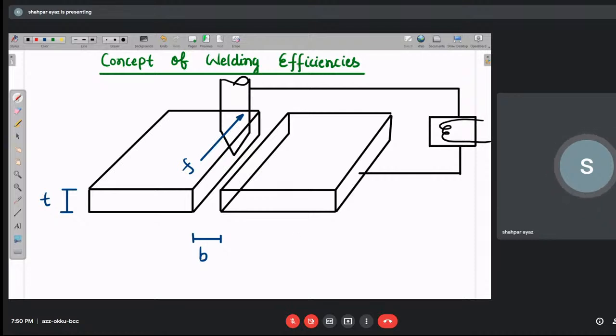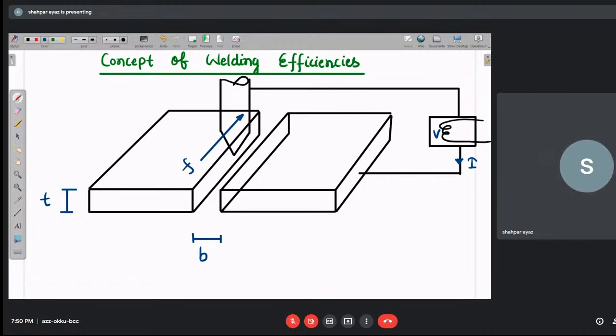Now let's understand. This is the voltage across the transformer and I is the current.